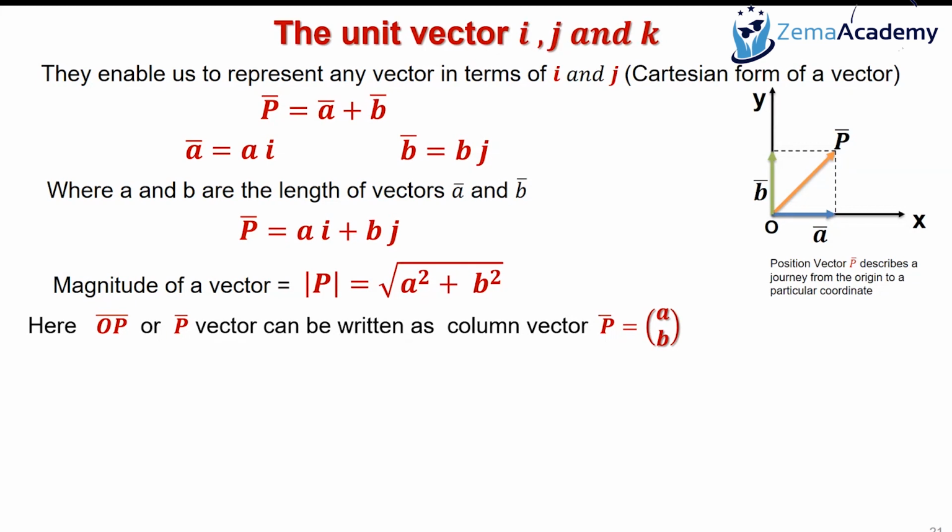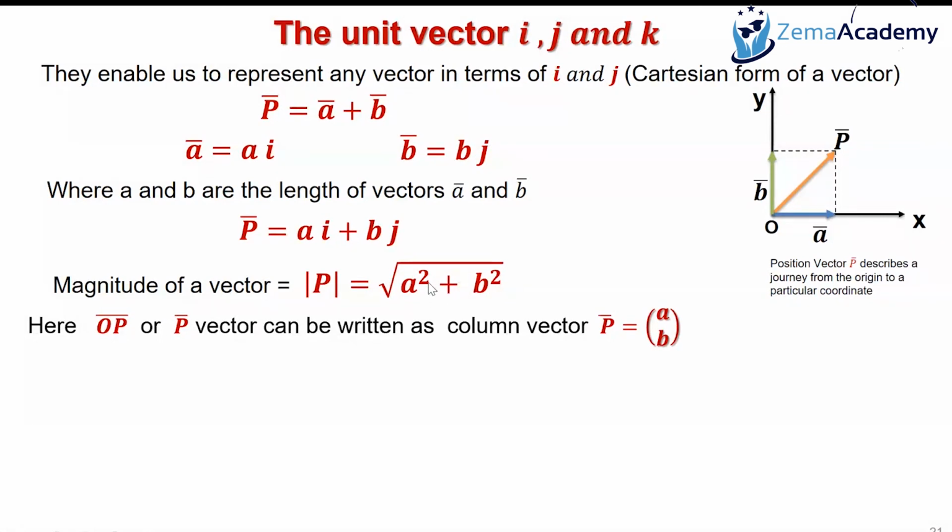You already know that the magnitude or modulus of a vector can be indicated by under root a square plus b square. And this is how you can determine the magnitude of a resultant vector P. Obviously you would want to know the distance between 0 and this ending point, and this distance can be found by this formula, the magnitude of a vector.